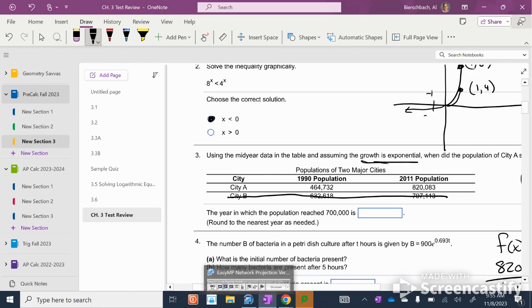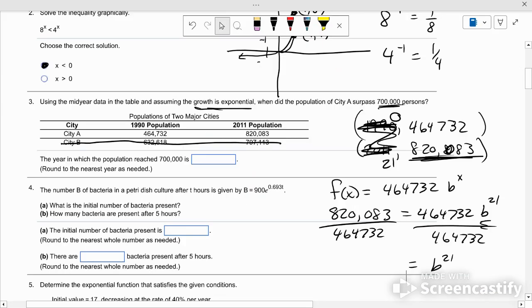Oh, I don't have my graphing calculator on this one. So, 1 point what? 7646? Nah, that's probably good enough.